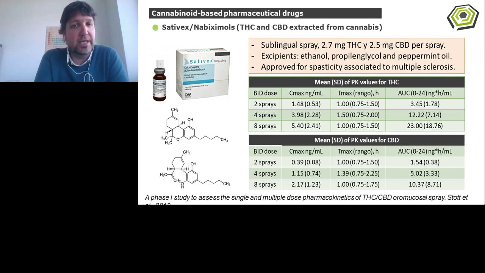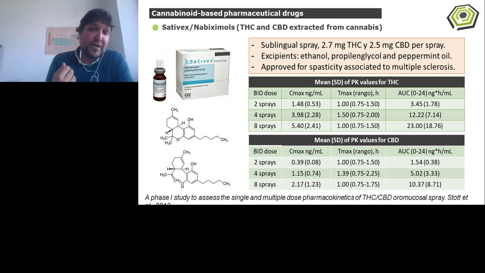And it's approved only for spasticity associated to multiple sclerosis, although there are some clinical services that are using it off indication for, in particular, chronic and neuropathic pain. The difference is that it allows you to control dosing much better, and it's absorbed through the oral mucosa, at least partially, so it has a more favorable pharmacokinetic profile. It's absorbed faster than if you were to take it only through your stomach.